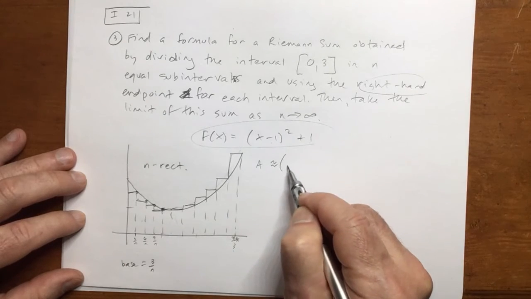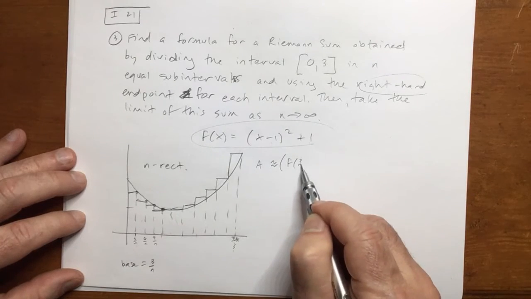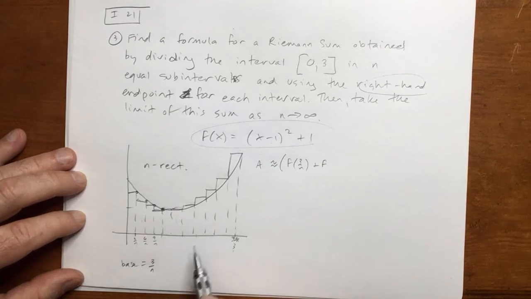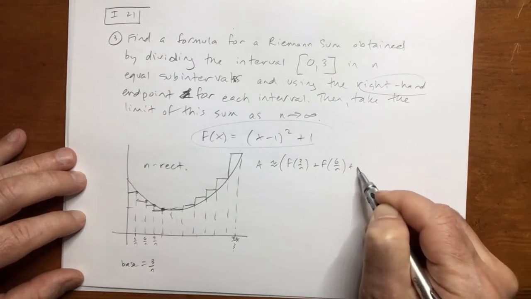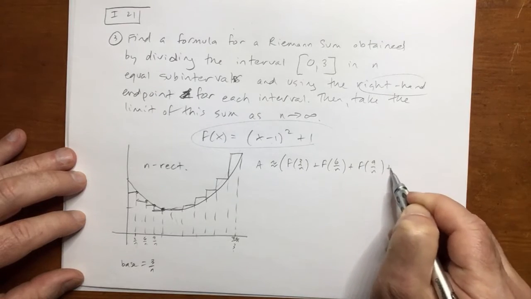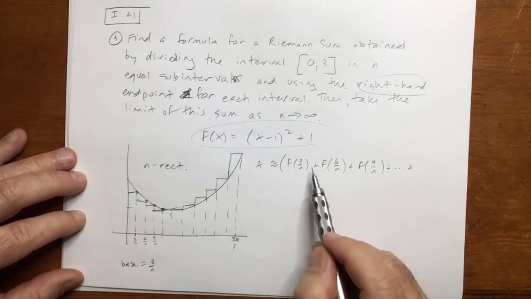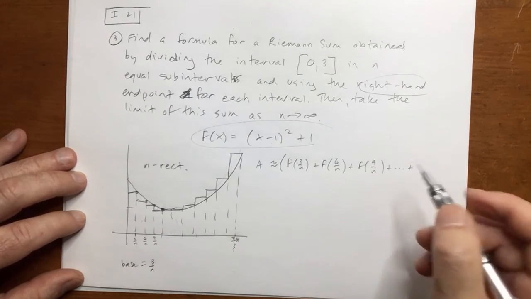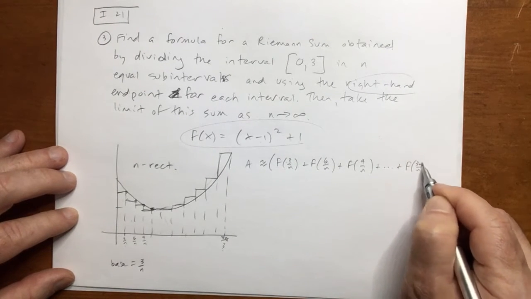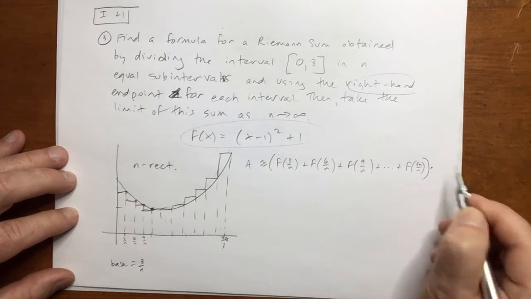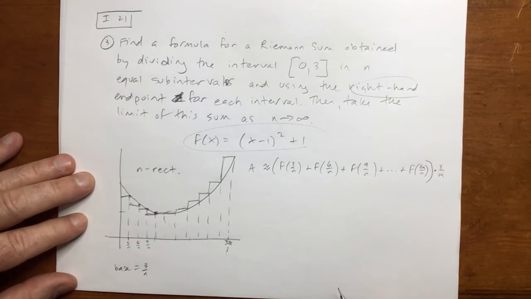Each height is the y value I would get by plugging in that x value, and then the next height would be the y value here for this x, and so forth. Typically you just have to write enough of these until you see a pattern. Clearly our pattern is 3, 6, 9, and so forth, all the way to the last height, 3n over n. All of these y's times the base length, which is 3 over n.